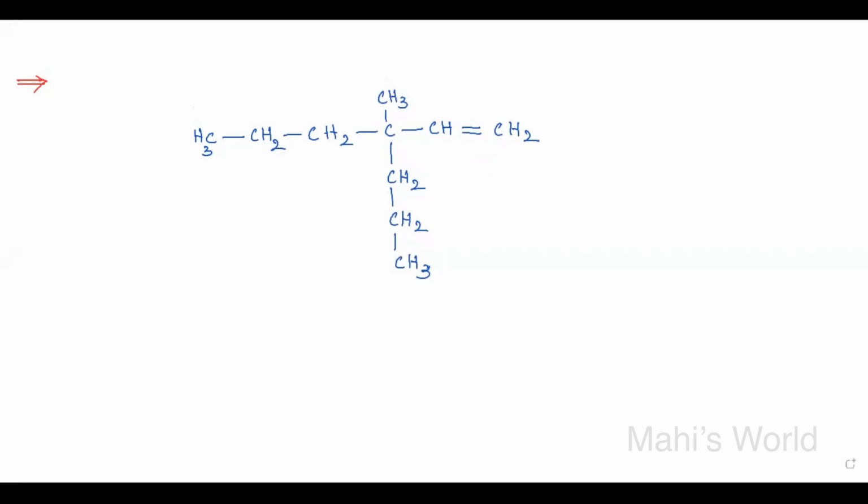So let us just go with this. Let me just give numbers. Remember, double bond is very important, so no question of checking it from either side. We don't check. 1, 2, this is the third one, fourth one, fifth one, sixth one. See, you got this at the third carbon and this overall thing at the third carbon.